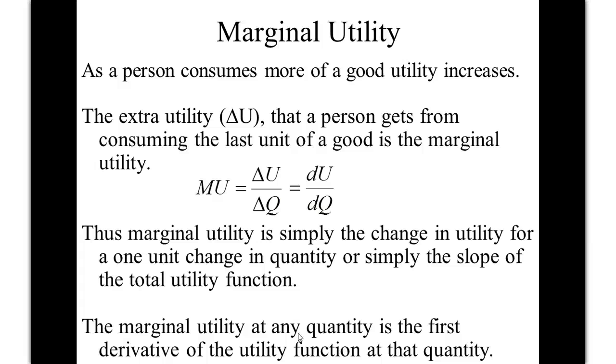One issue we can look at with utility functions that may not be as obvious with indifference curves is the concept of marginal utility. You remember back at the start, one of our basic principles of economics was that decisions are made at the margin. If you're looking to consume the next unit of a good, it doesn't matter what the previous 5 offered in terms of utility.